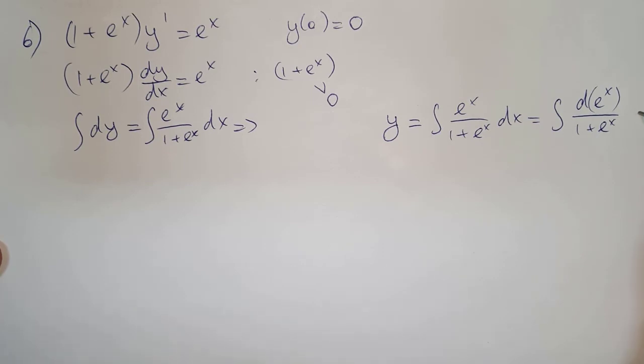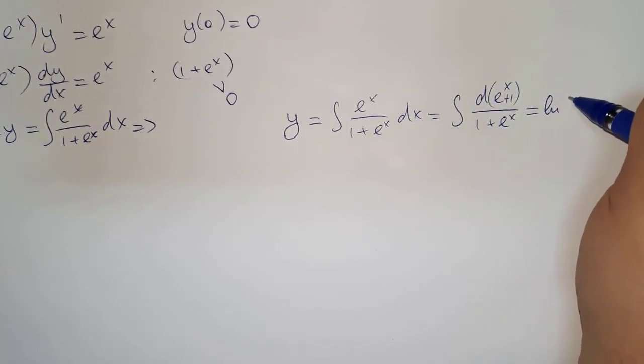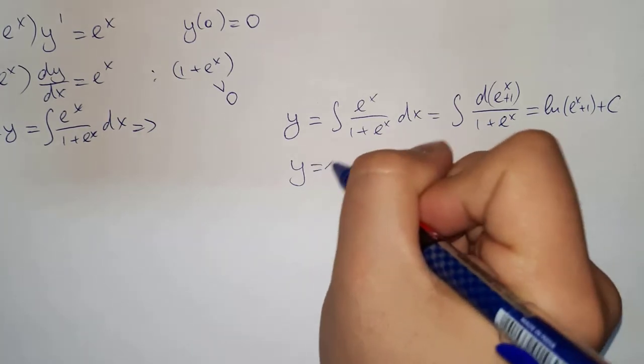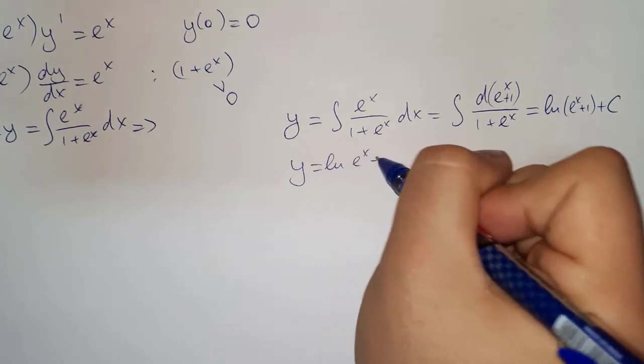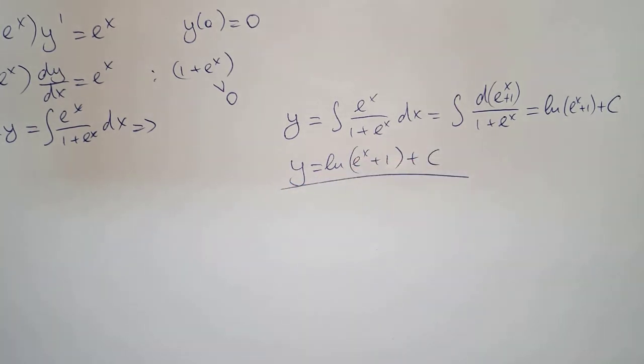Adding 1, it will be natural logarithm of e to the power of x plus 1 plus constant. So the solution is natural logarithm of e to the power of x plus 1 plus c. This is the general solution.